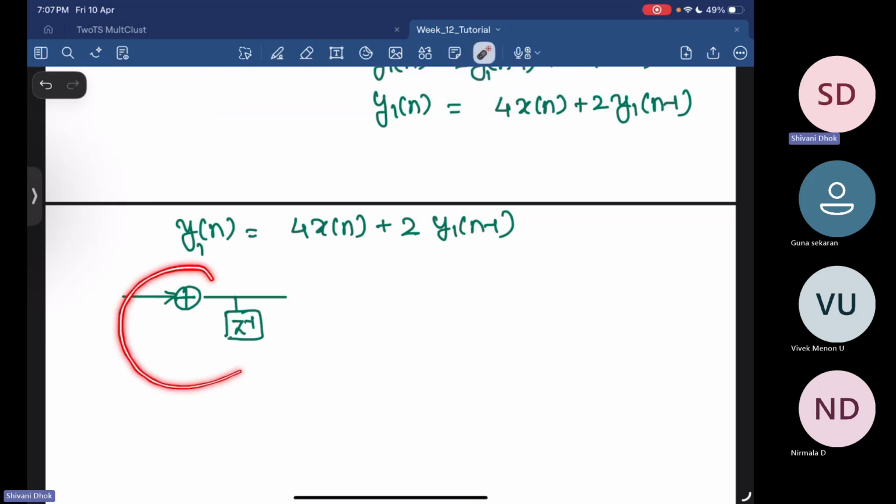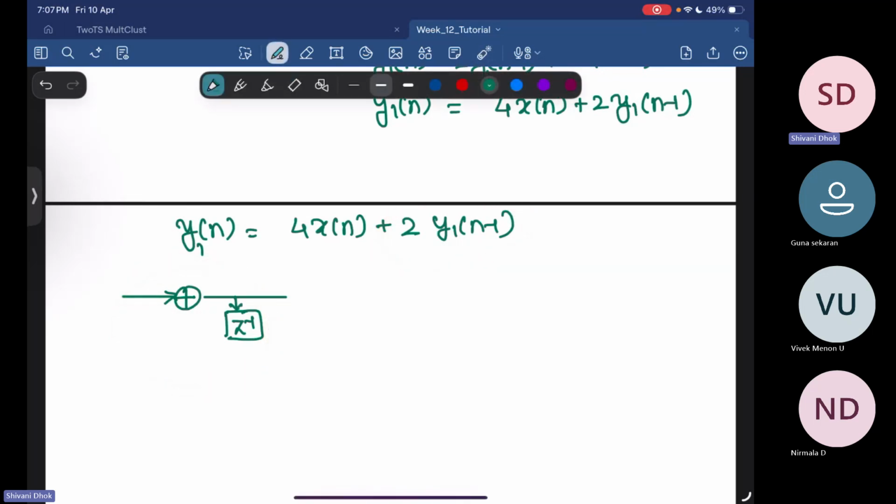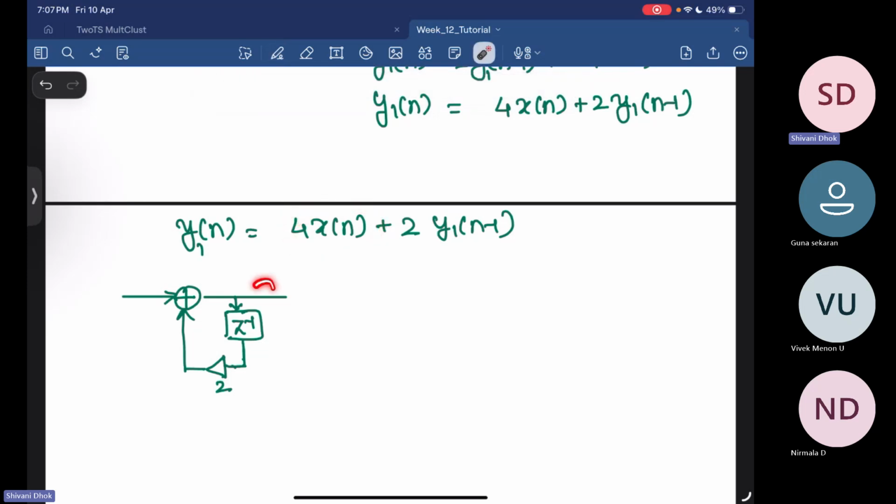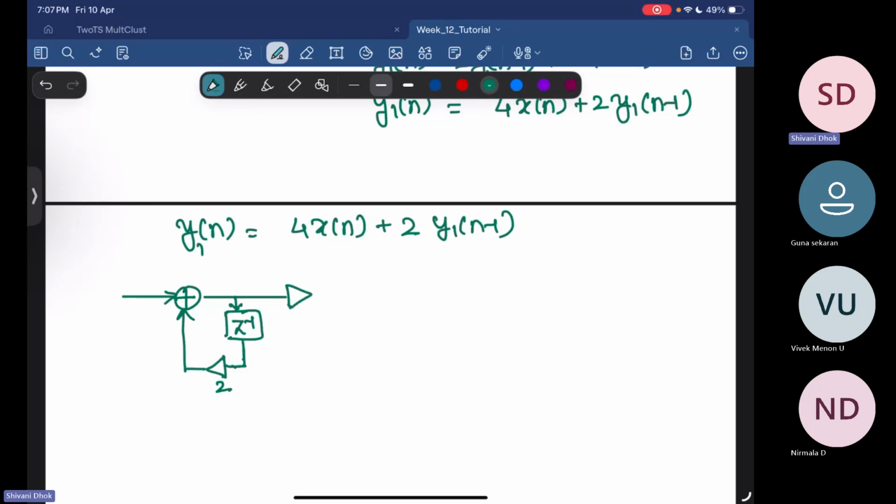So first we will construct this denominator or output part. So this is basically your delayed version. So you will get a 2 here, like this, and you have 4x of n. So this corresponds to your x of n. So this gets multiplied by a factor 4.